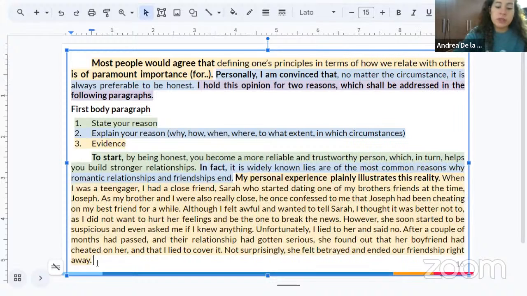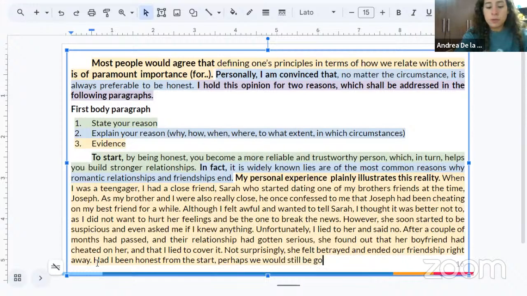So what I could do is, for example, speculate about what could have happened if I had done things different, right? What could have happened if things had been different? So I could say something like, had I been honest from the start, perhaps we would still be good friends, right?